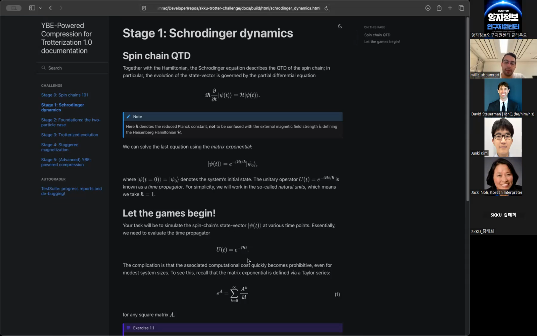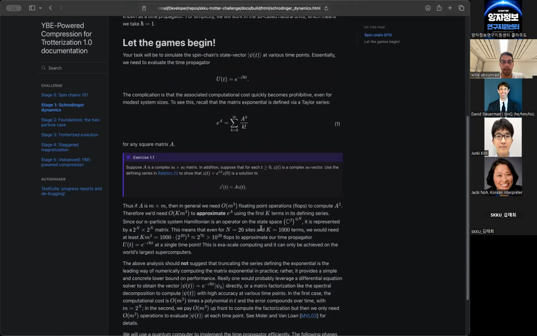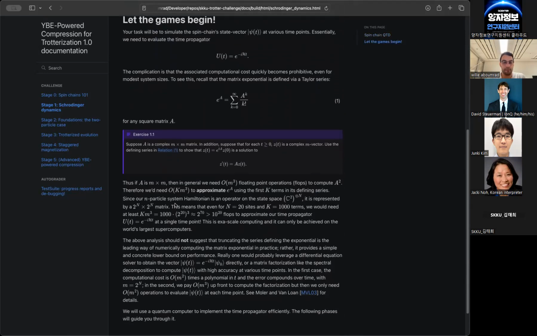So basically what we want to do is approximate or implement this time propagator, and we'll want to leverage the quantum computer for that, just because it would be extremely expensive to try to do it on a classical device, right? And I'm not exaggerating here, but you could get into very prohibitive scales very quickly.